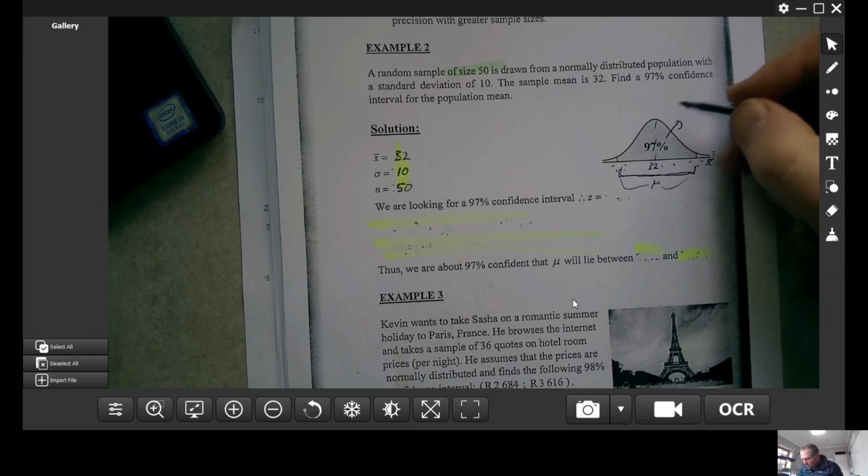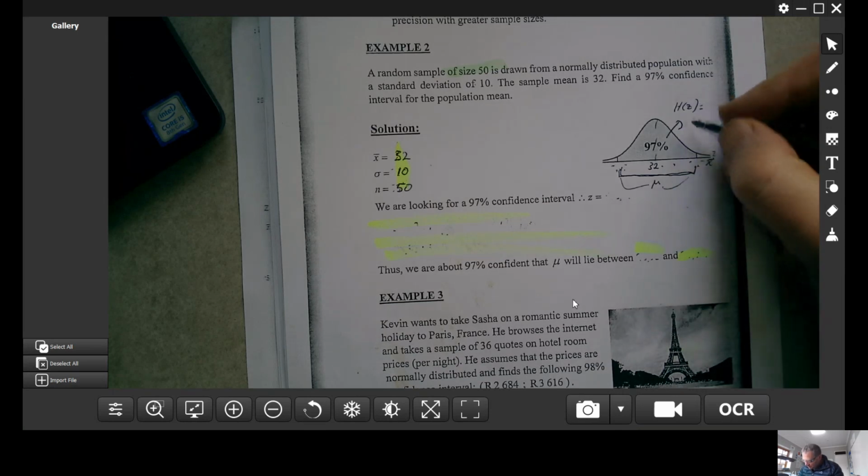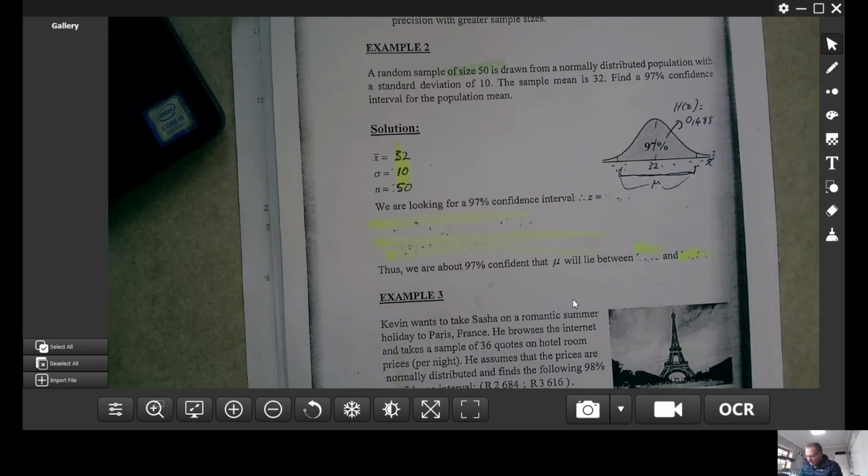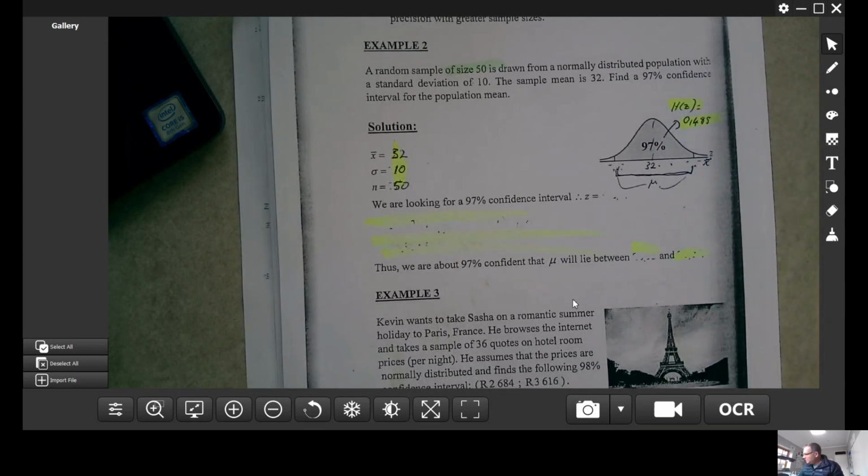What's the half-of-z area we're going to use? It's 0.97 divided by 2, which equals 0.485. So I'm looking on my table for an area of 0.485.